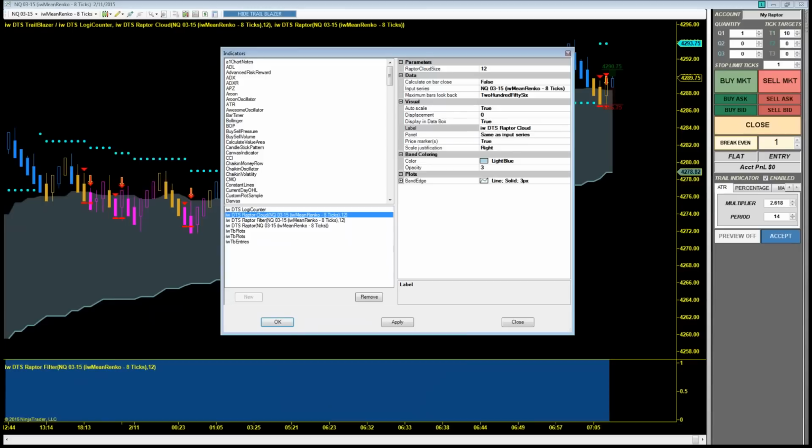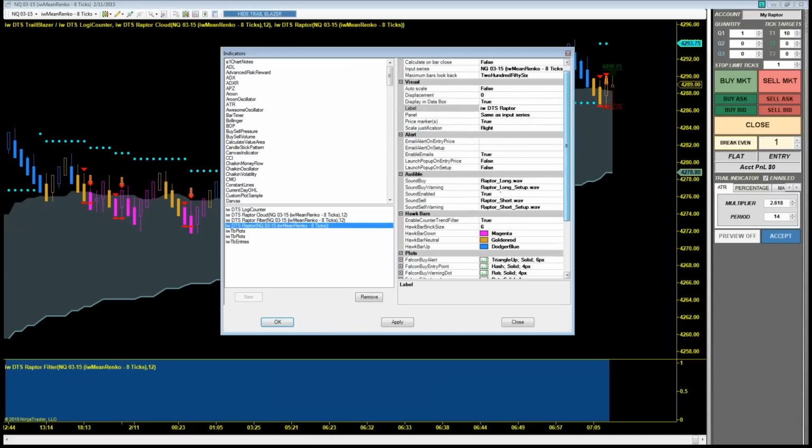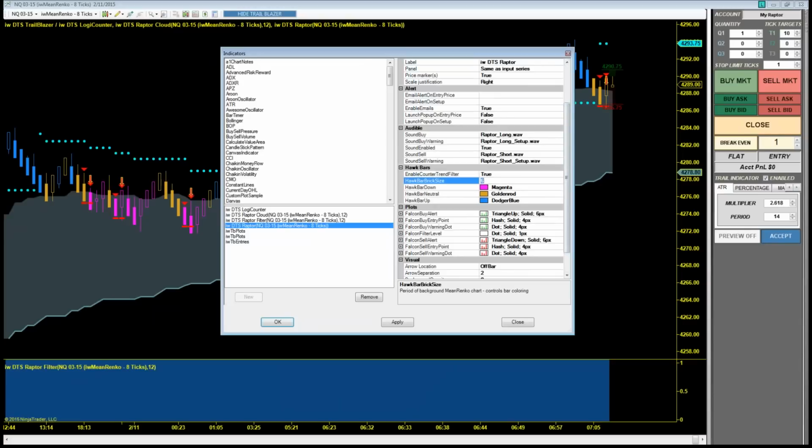Now, as far as customizing your tools, the Raptor is probably the tool that is most customizable for those of you who like to play with things and tweak. The Raptor has the most adjustment to it. So you can adjust your cloud. This is taken from the Eagle, that trading band.